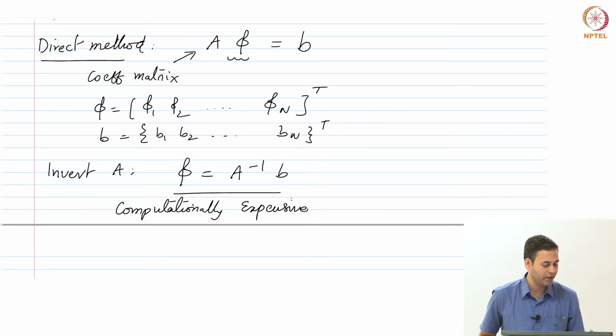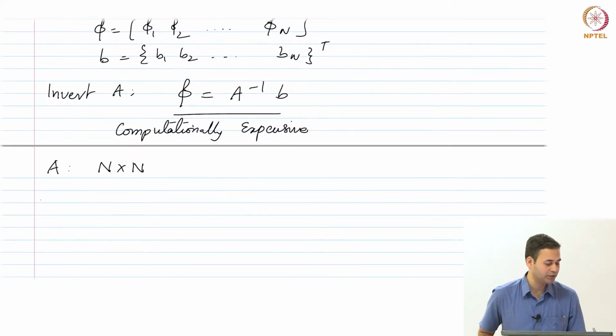For example, if we have a system of n unknowns, what would be the size of the matrix A? n cross n, okay. And the number of operations involved in inverting this matrix is of the order of n cube, okay.